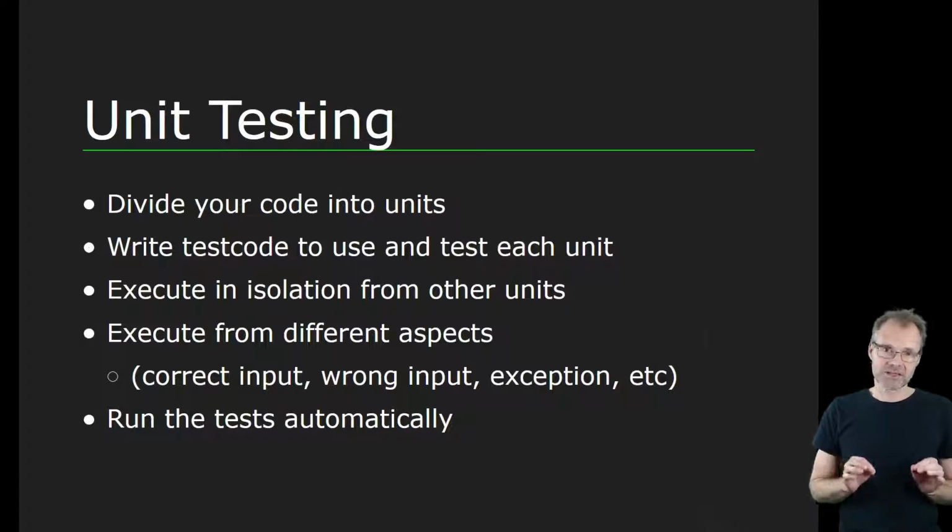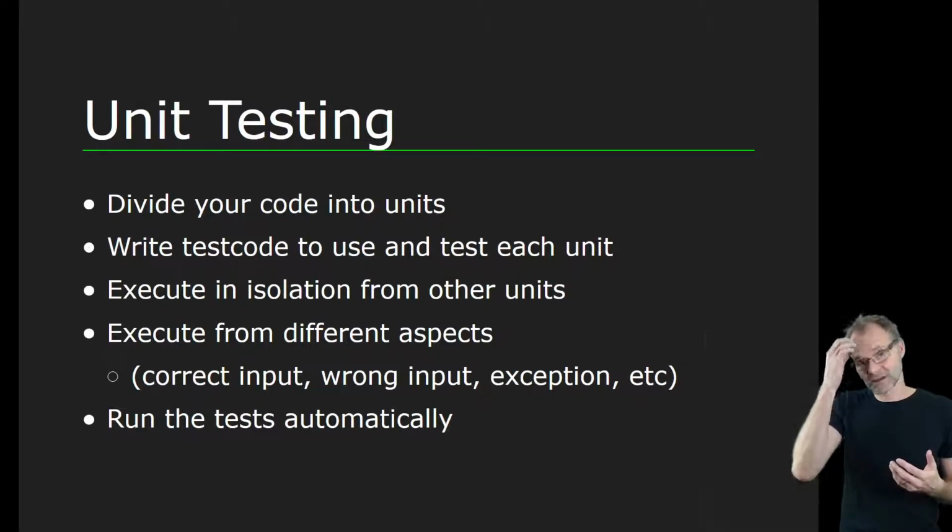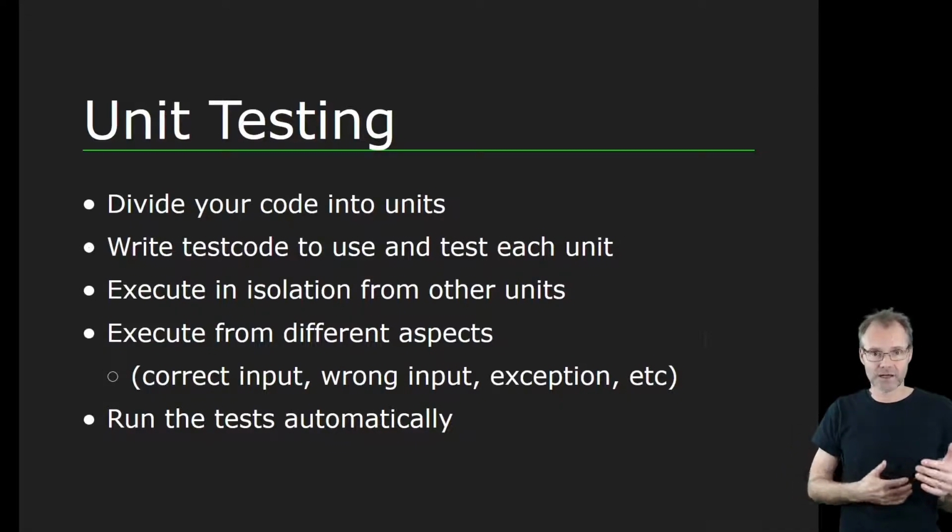Unit testing in essence would be to divide your code into testable units. A unit here could be a file of code, a class in object-oriented programming, or a module containing functions.